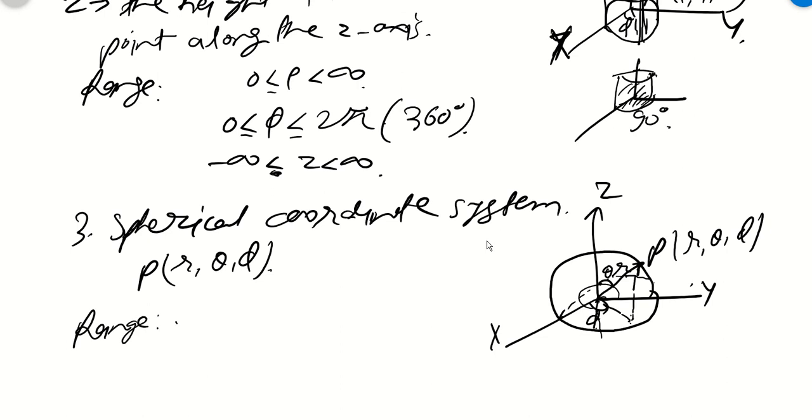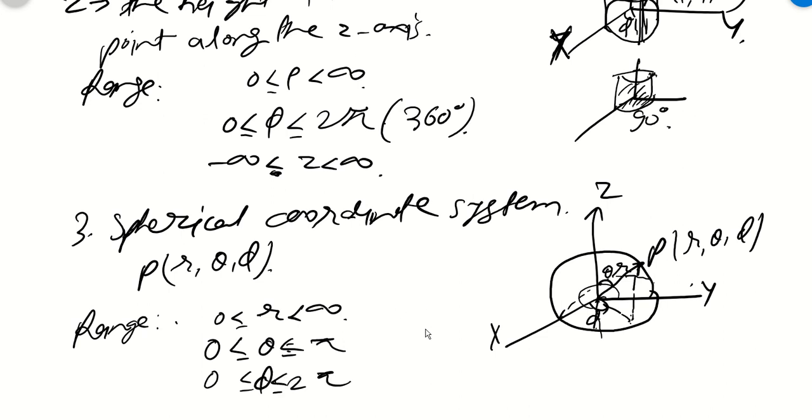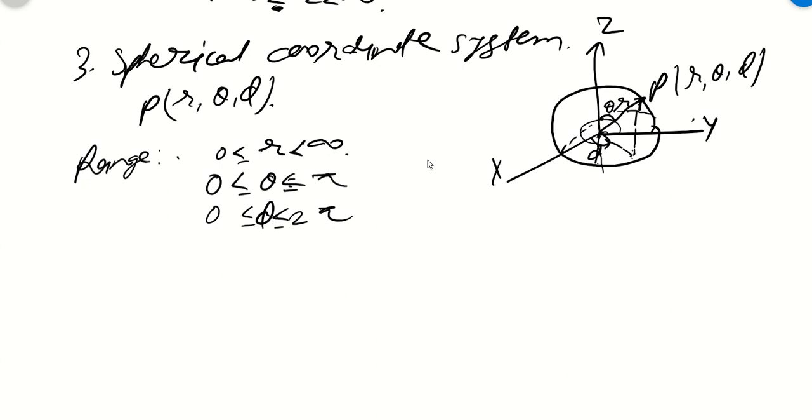r is basically 0 to infinity. If it is 0, then it is a point, like a point sphere kind of thing. And theta will be 0 to pi, and phi will be 0 to 2 pi. And I will just write down what r was.